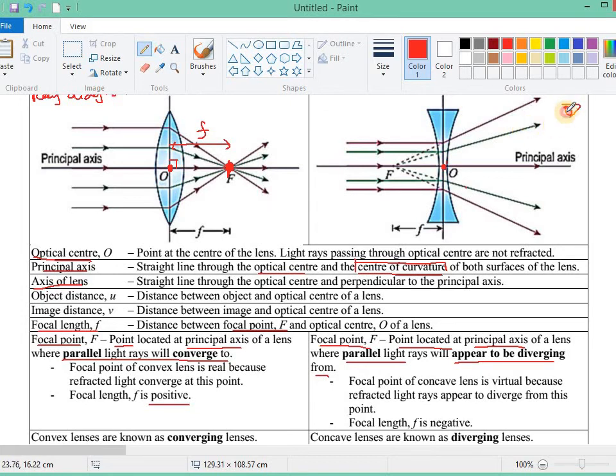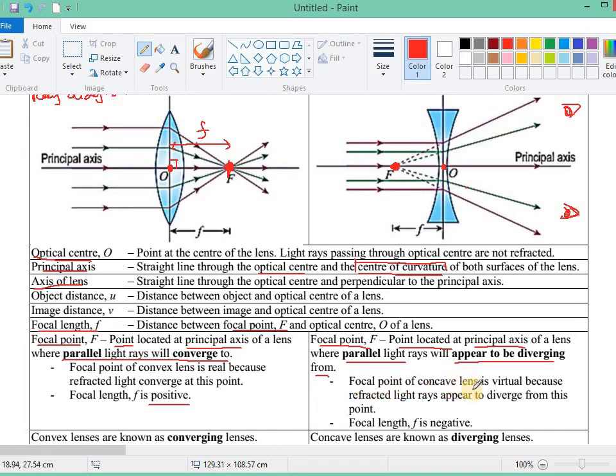If your eye is here, it will look like the light comes from this point. That is what it means by where parallel light rays appear to be diverging from. So this point is the focal point of the concave lens.